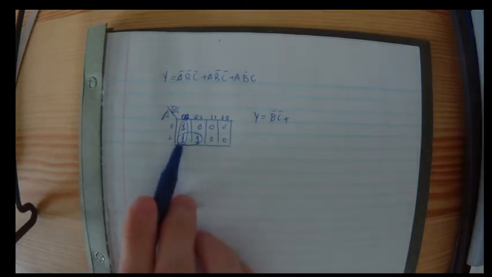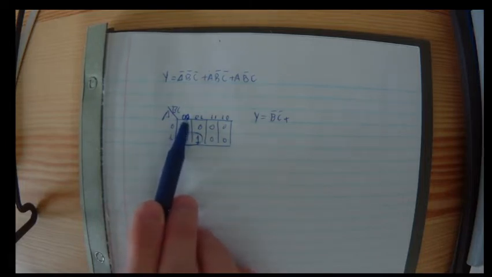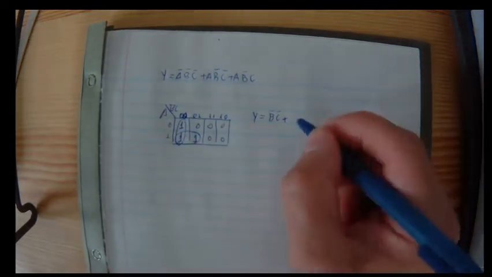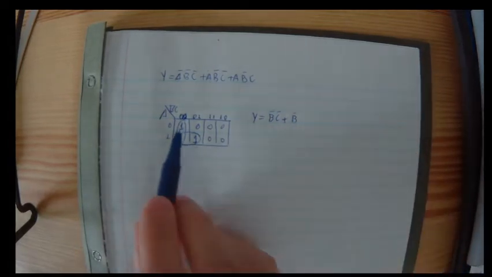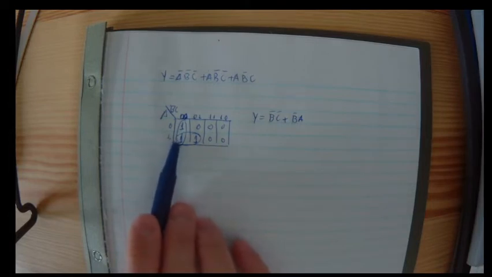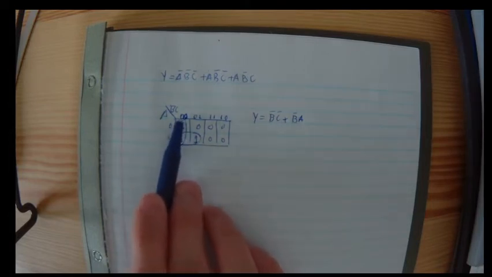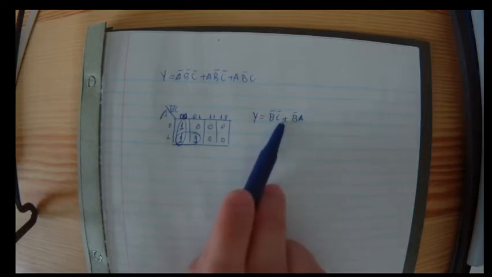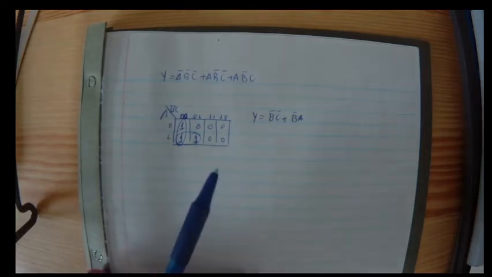So we have A, and we can see that C changes, it's 0 here and 1 here. So this implicant is gonna be complement of B and A. Can you see? A doesn't change, B doesn't change also, B is 0 here and 0 here, and this is our simplified equation.